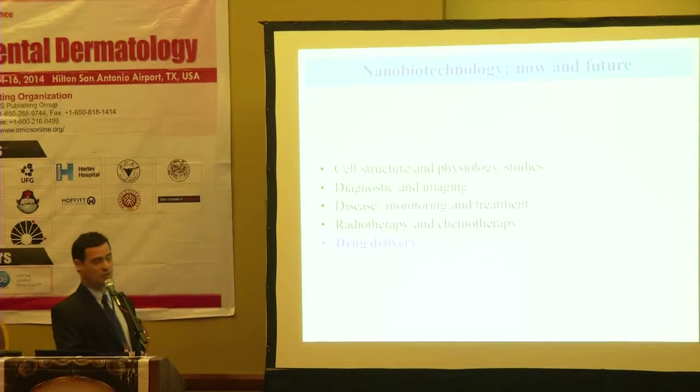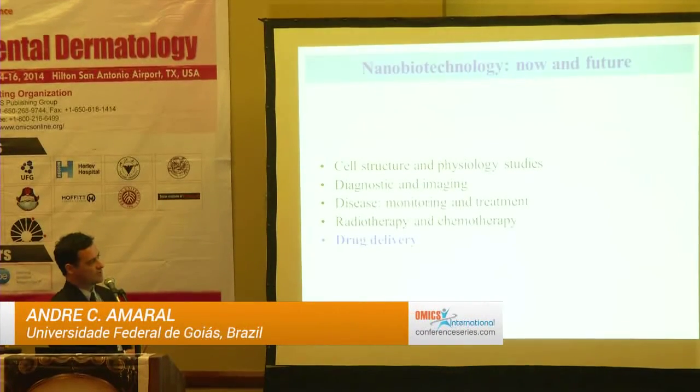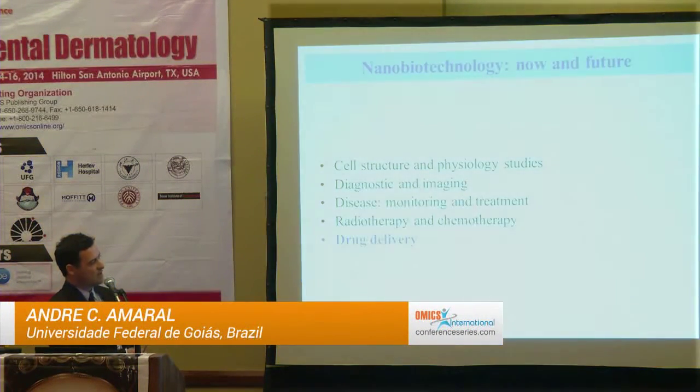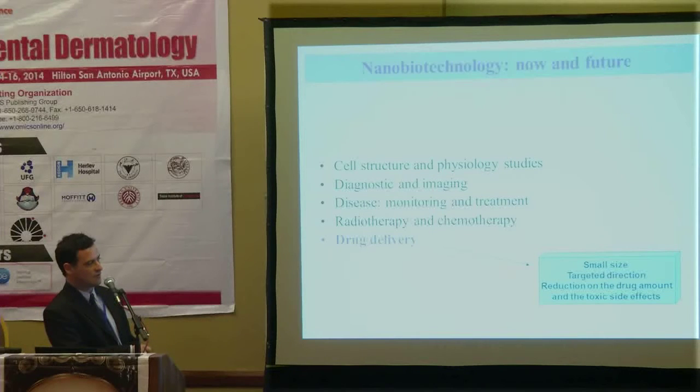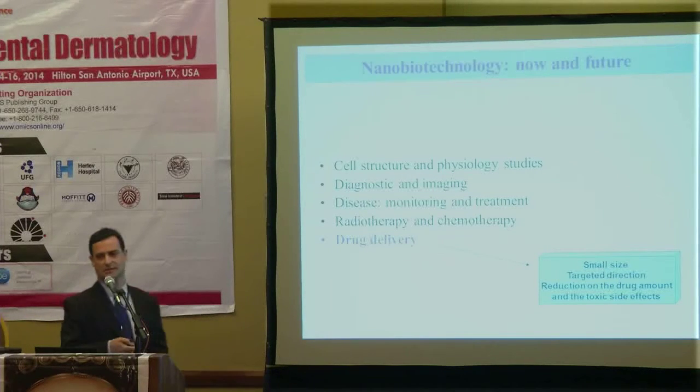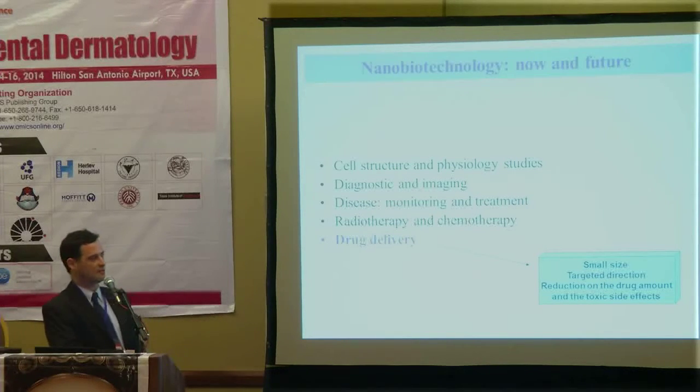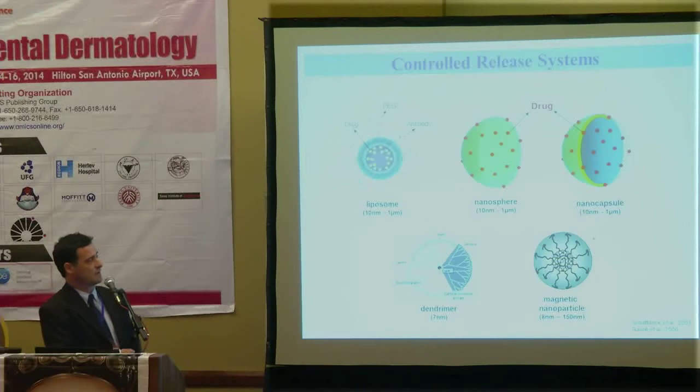on diagnostic and imaging, to treat and monitor disease, on radiotherapy and chemotherapy, and mainly to prepare drug delivery systems. Why? Mainly because of the small size of these nanoparticles, so we can target them directly in the body, and then reduce the amount of the drug needed to treat the disease, and also reduce the toxic side effects of this drug.